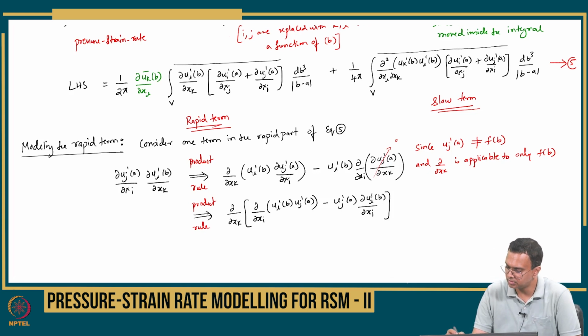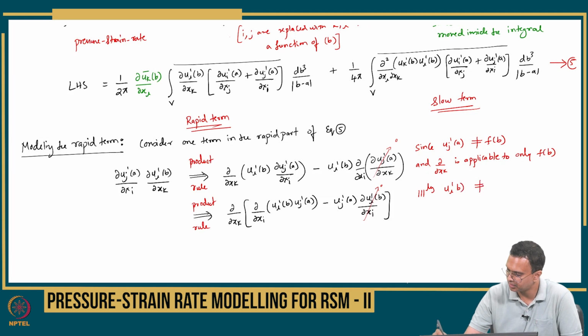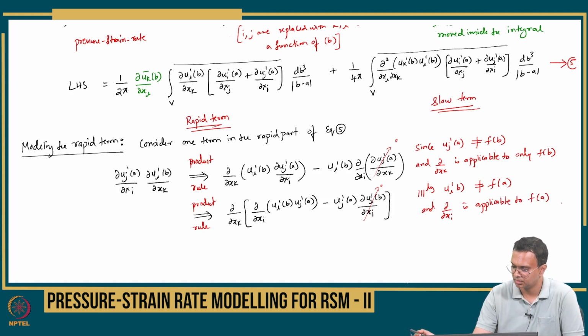Again the same argument: this ul prime of B is a function of B, but the index i is used for solution A. Same argument, this goes to 0, because similarly ul prime of B is not a function of A, and dou by dou xi is applicable to functions of A. So that goes away.